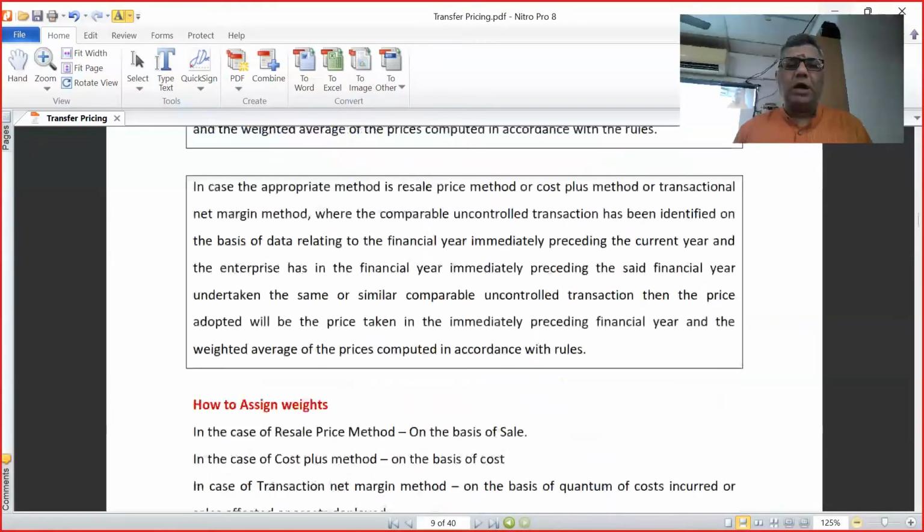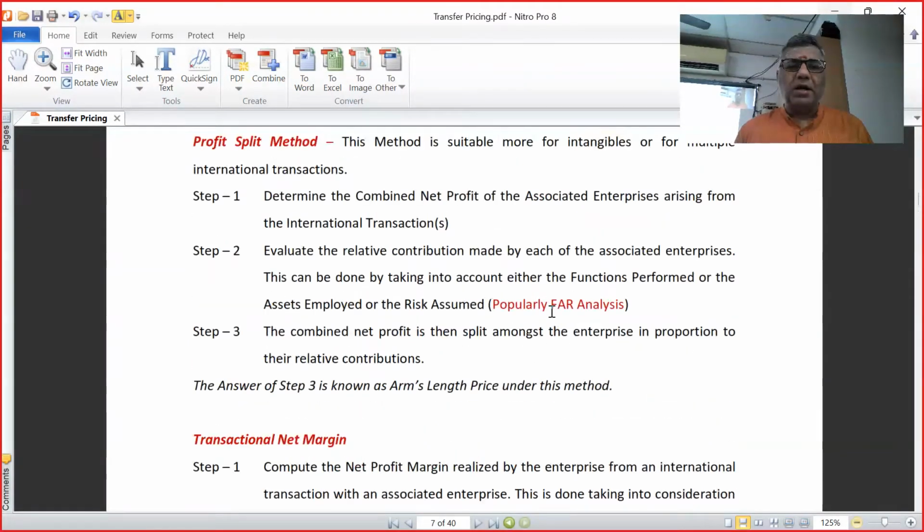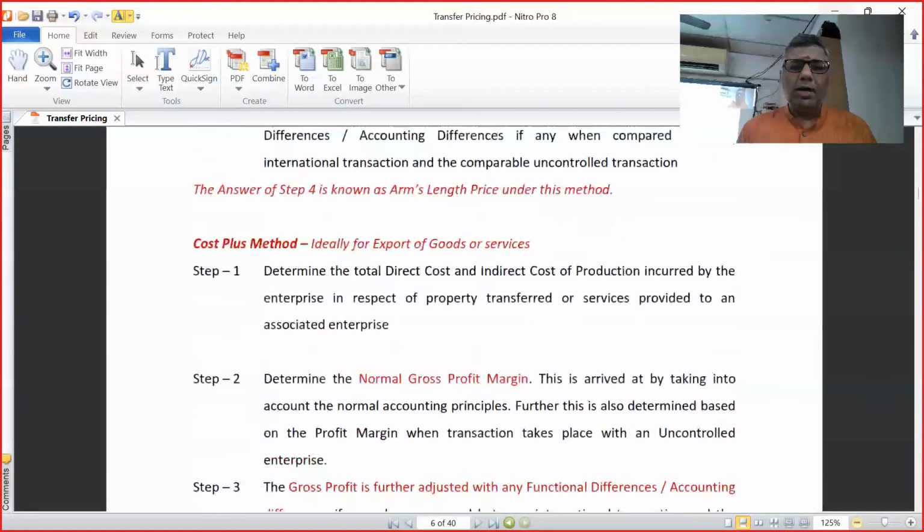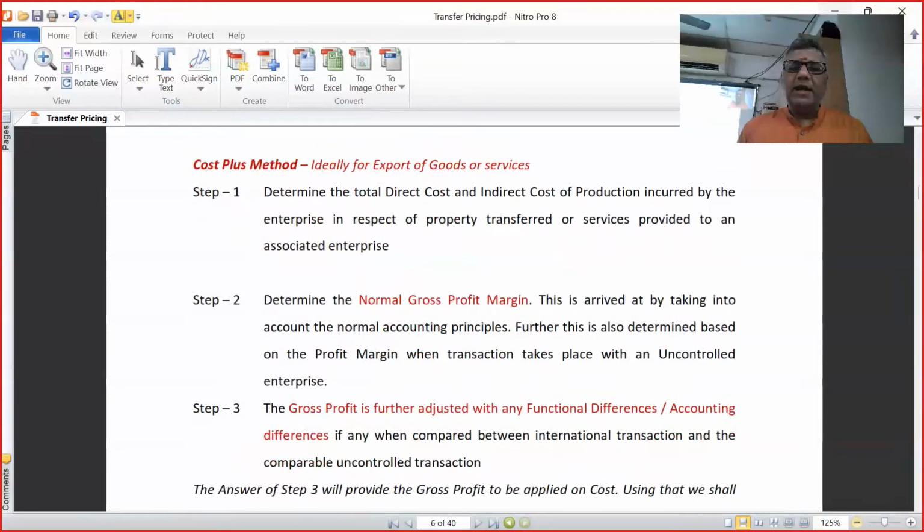If you look at the cost plus method, ideally for export of goods or services, determine the direct and indirect cost incurred in respect of property or services provided.